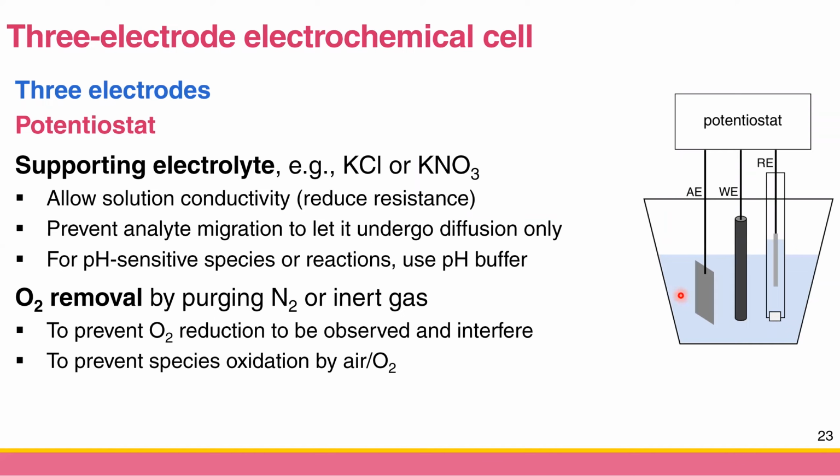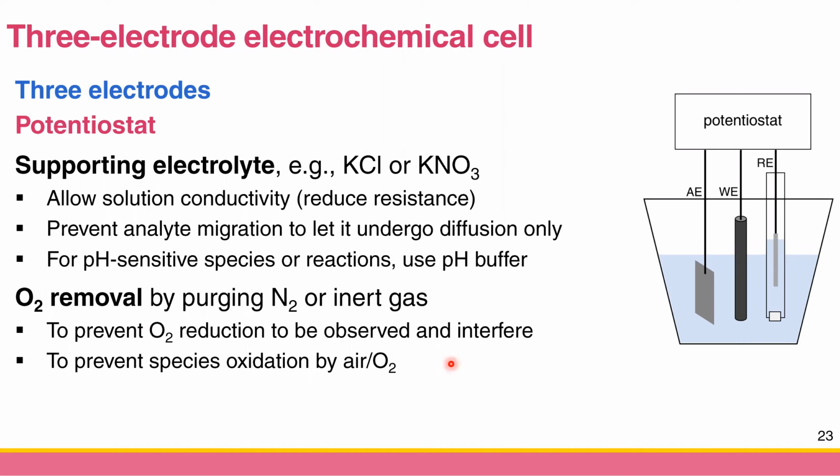And then we want the current to be only from our electroactive species. So if your solution has oxygen, then when you perform reduction, you're going to see the current from the oxygen reduction, which may interfere with our analysis. So we want to eliminate this. And another reason is that maybe some species can be oxidized by the air or the oxygen in the air. So you have to remove the oxygen in order to prevent these two phenomena.